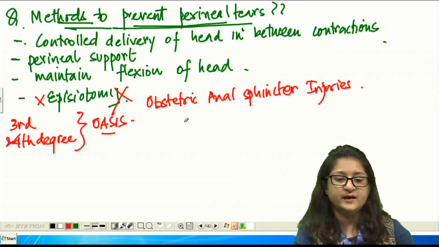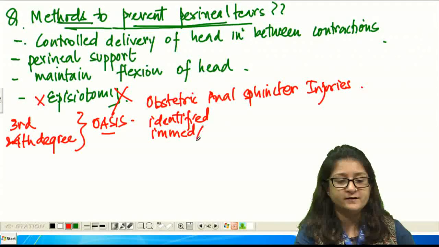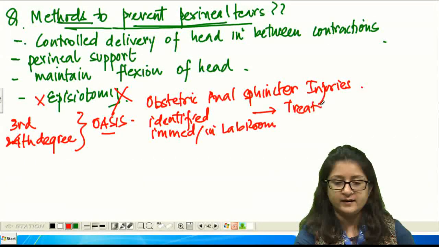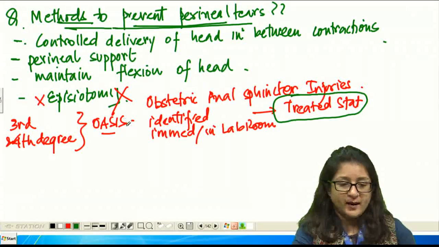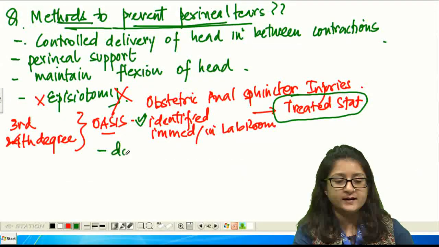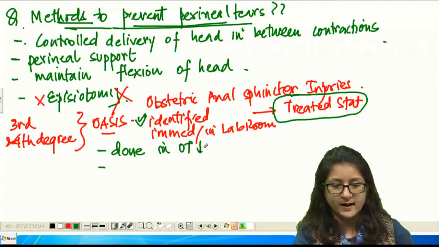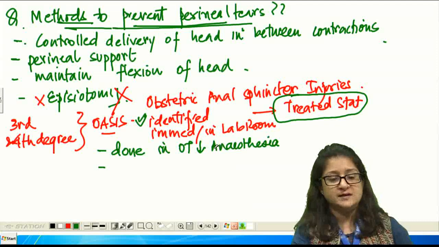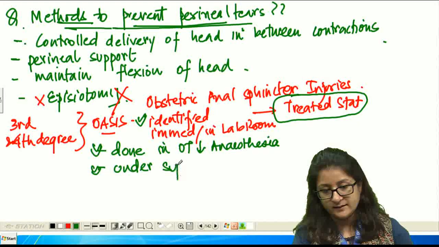Important point is that if they are identified immediately, like if it is a 4th degree perineal tear, identified immediately in the labor room itself, it should be treated stat, but it should be done in OT under complete vision, proper presentation, under adequate anesthesia, not general anesthesia, it could be epidural, it could be a saddle block, whatever. So it is done in OT under anesthesia and under supervision by senior.